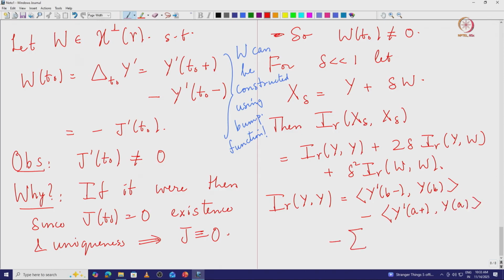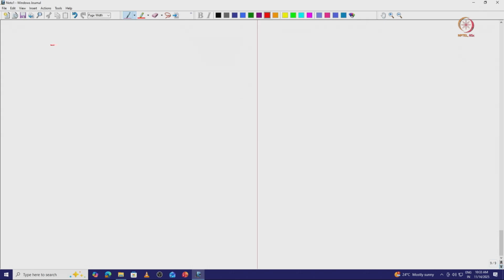Then minus, there is something that comes from the jump, the fact that y is non-smooth, but the only non-smooth point is t naught. So it will come from the jump in the derivative of y at t naught comma y at t naught, and then there is the main integral term, which will be of the form y double prime plus R of y, gamma dot, y.